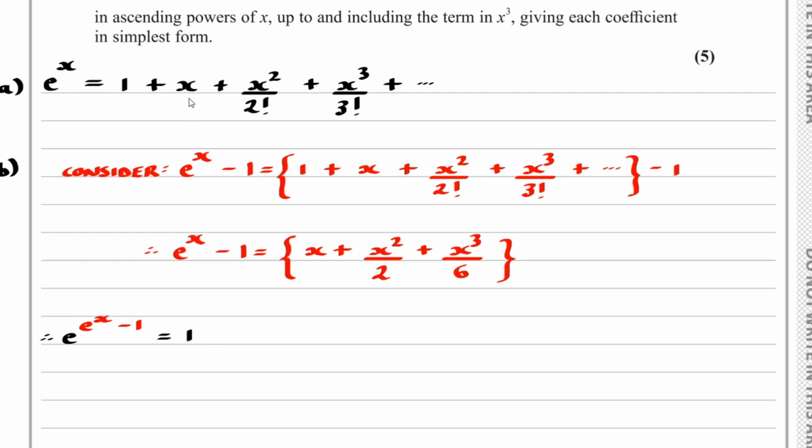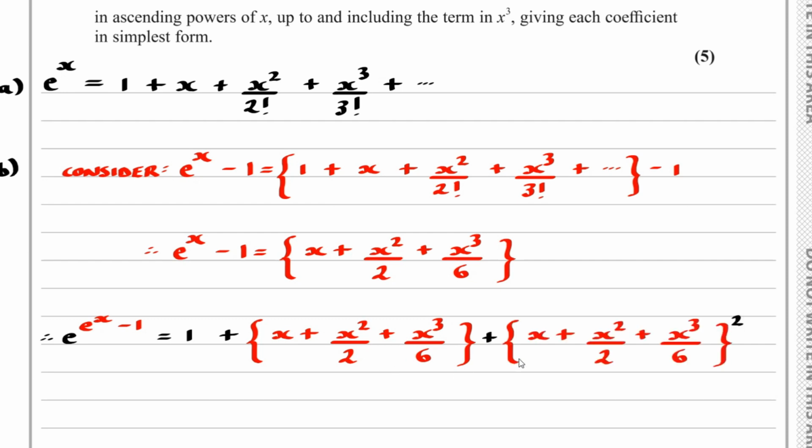For our next term, instead of having an x, we have x plus x squared over 2 plus x cubed over 6. And then we add on to this x plus x squared over 2 plus x cubed over 6, all squared, and then we divide by 2 factorial.